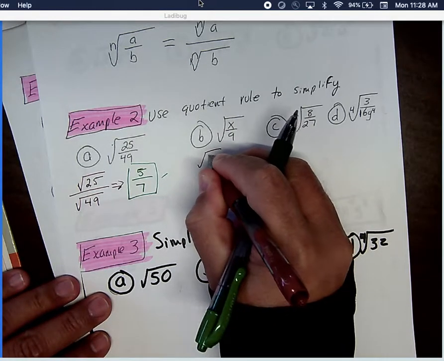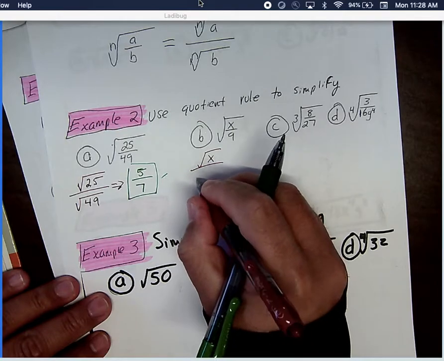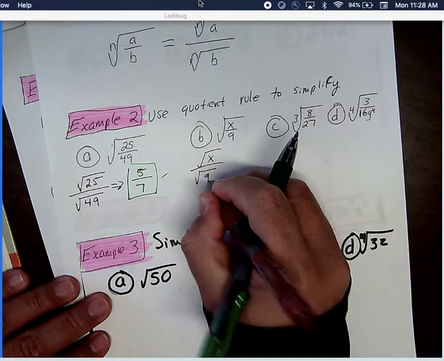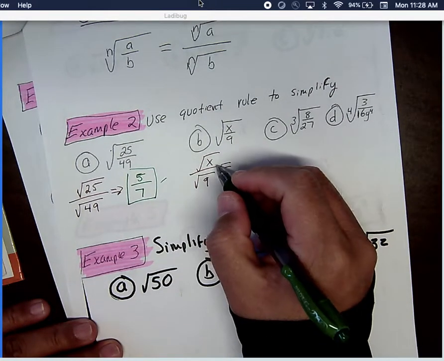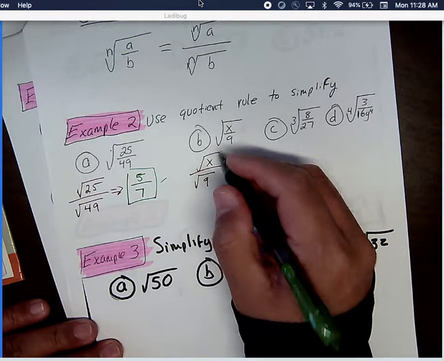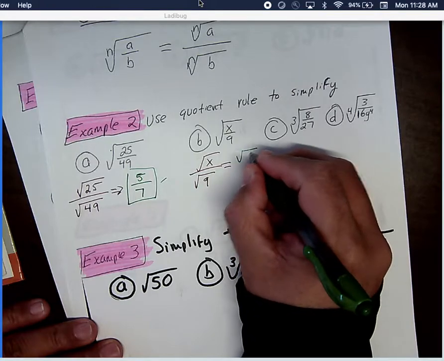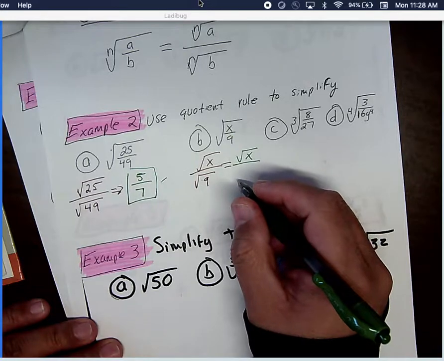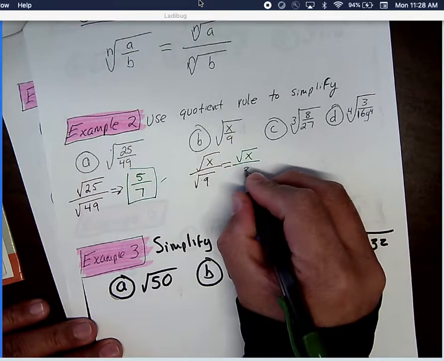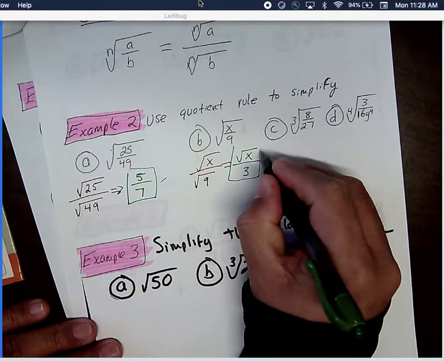Square root of x and square root of 9. Square root of x, you can't do anything with it, so that one stays. Over square root of 9, that one does have a square root. It would be 3, right? So that's the answer for this one.